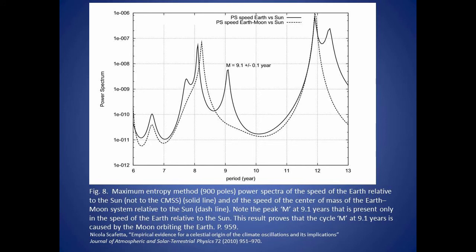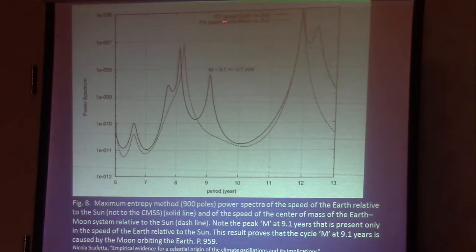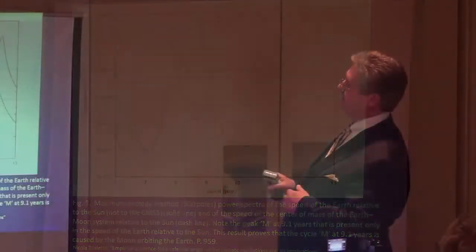This is a little more Scafetta data that shows this 9.1 year cycle tied to the moon. So he's looking at speeds, PS speed. What is PS? I forgot. Power spectrum. Okay. So he's looking at these speeds, and he's showing this moon cycle here, pretty dominant.